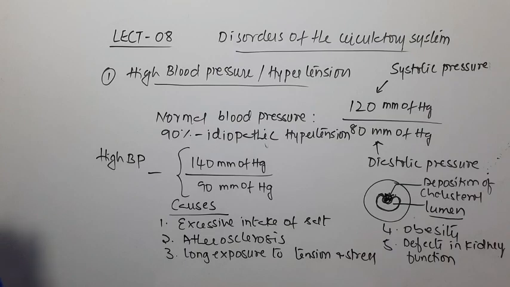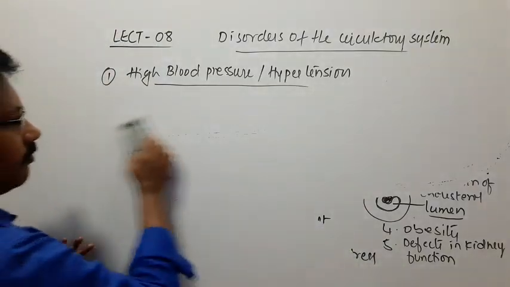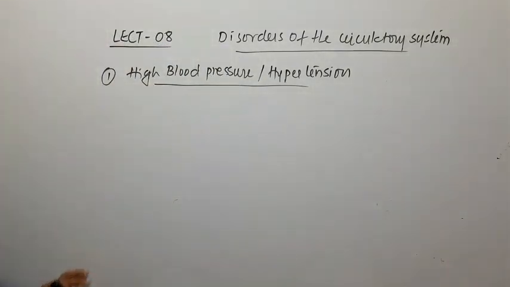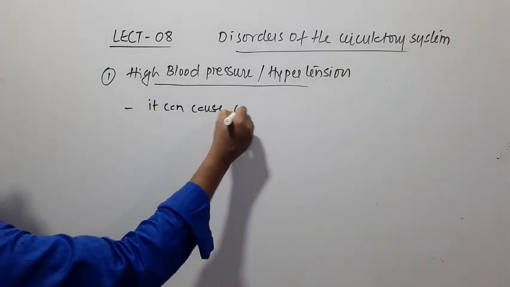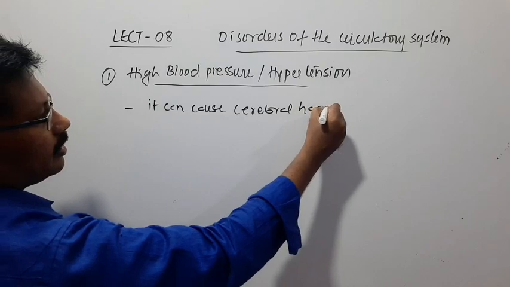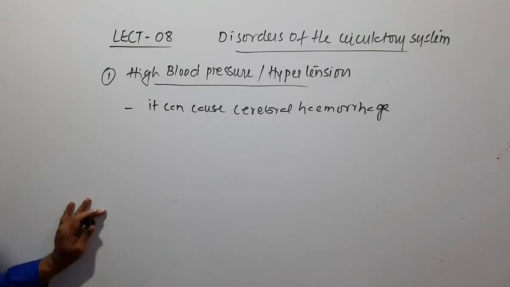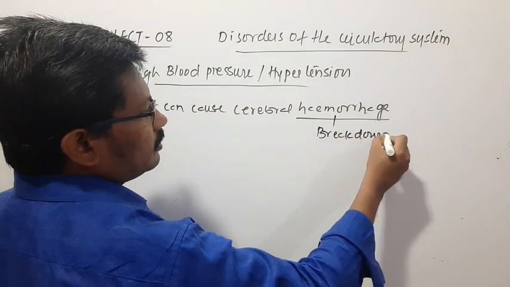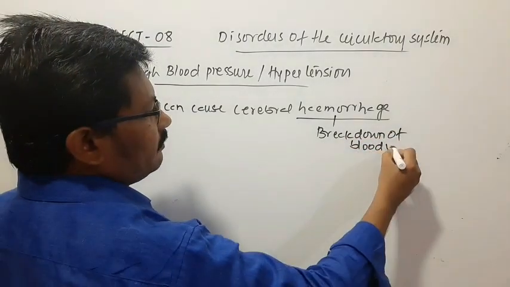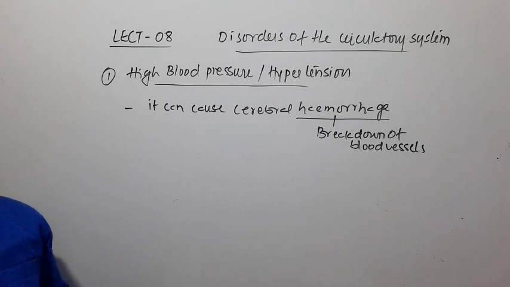Next, what will be the result of this hypertension? We'll see. Hypertension can cause cerebral hemorrhage, which means breakdown of blood vessels, and that takes place in the brain.